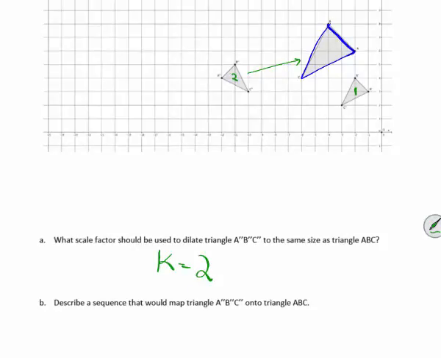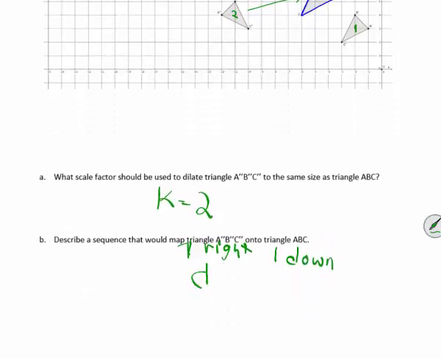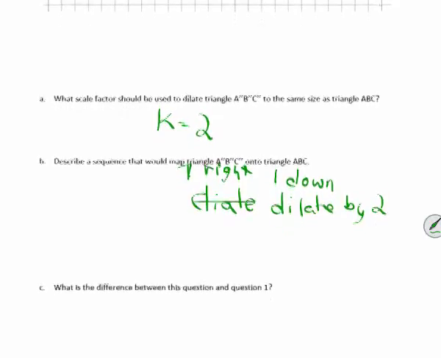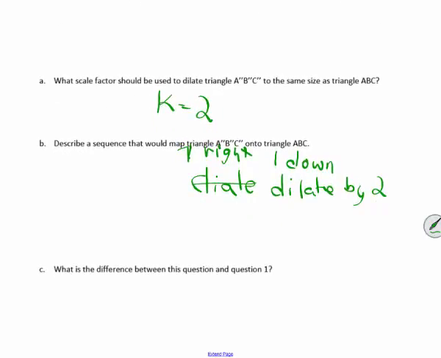So I have to translate it 1, 2, 3, 4, 5, 6, 7 right, and 1 down, and then dilate by 2. Now, what is the difference between this question and question number 1? The difference is that in the other one we were shrinking, and in this one we're enlarging.